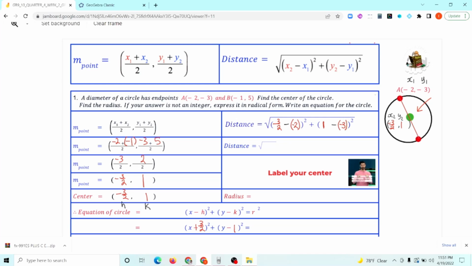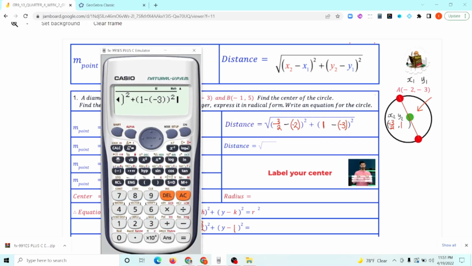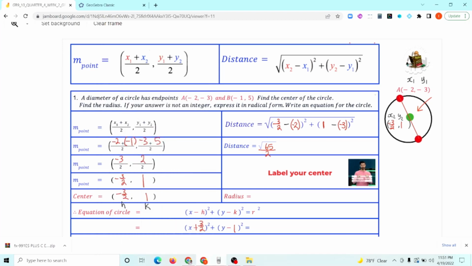If you put that in your calculator, you'll get an answer of the square root of 65 over 2. So that is my radius.